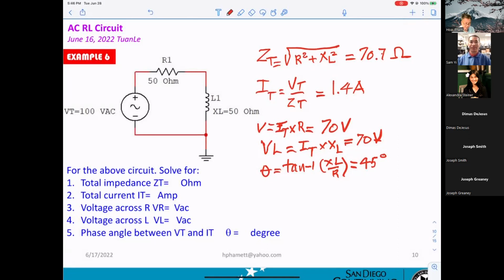You have to know which one is tan⁻¹ on the calculator.